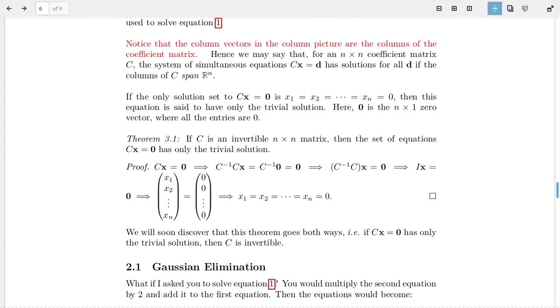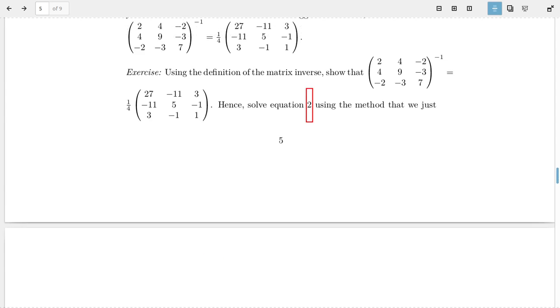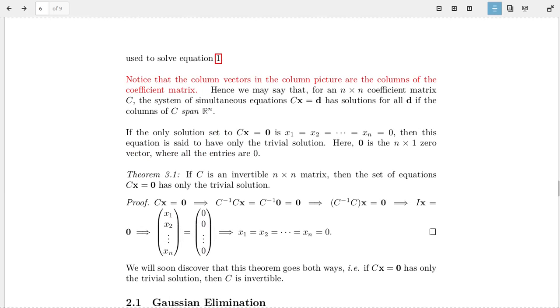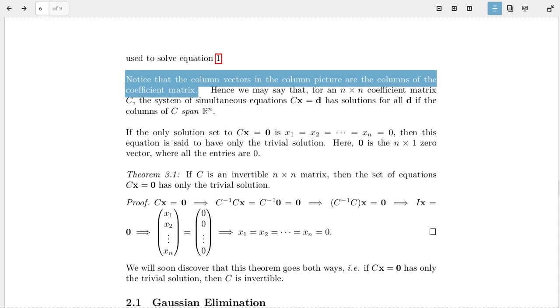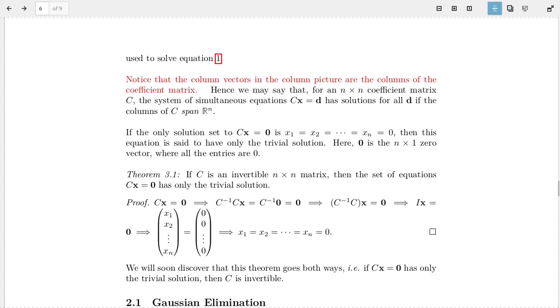Now, of course, in the column picture, this is very important, and you're going to need this fact for your assignment or the exam. Notice that in the column picture, the column vectors are the columns of the coefficient matrix.